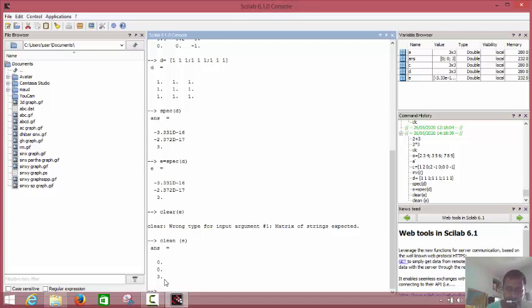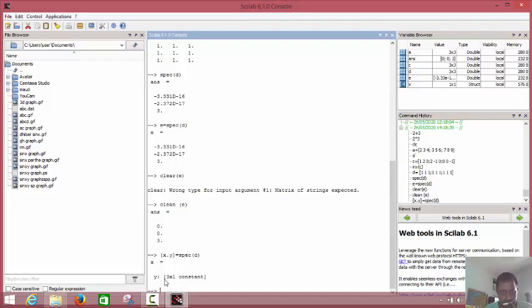If we want to get the eigenvectors of the matrix, then we write the command x comma y equals spec of D. There is a problem: it is not a dot, you have to use a comma.